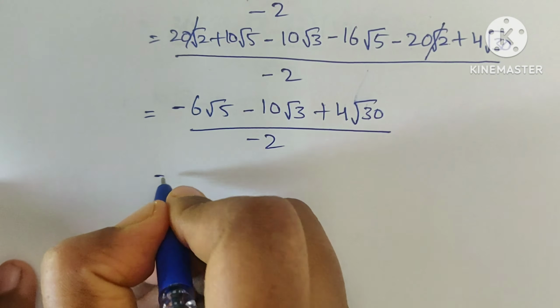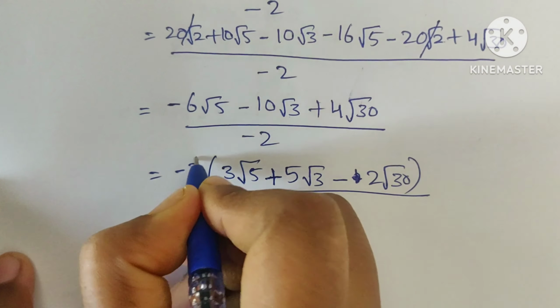So now in the numerator we have a common factor, that is 2, so here we are taking out minus 2 as a common factor. Then we write the leftover numbers: 3 square root of 5, plus 5 square root of 3, minus 2 square root of 30, divided by minus 2.